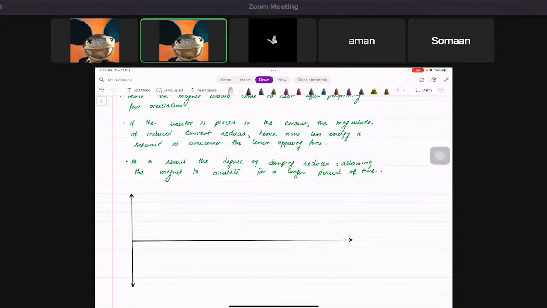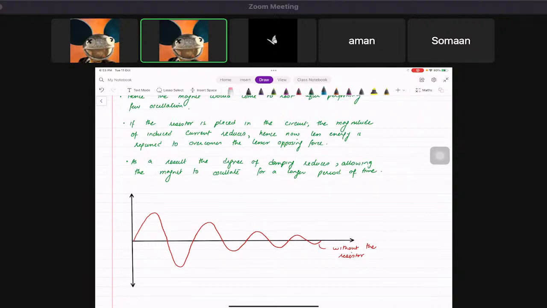Basically, without a resistor, the oscillations would damp really fast, like this. Without the resistor, the current will be more, so it will cause a stronger opposing magnetic field.